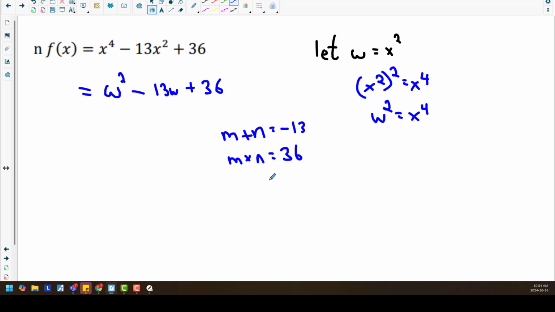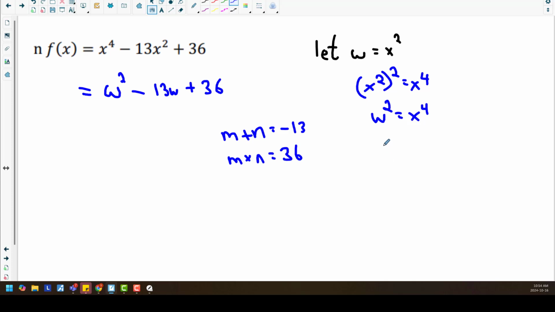Now, what are 2 numbers that make this true? I think 3 and 12. Okay, no, let's just write all the factors out. Let's see if this even works.